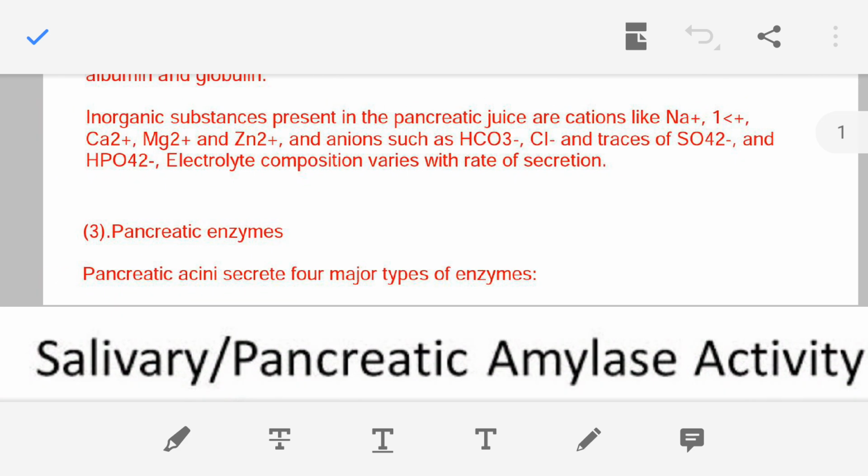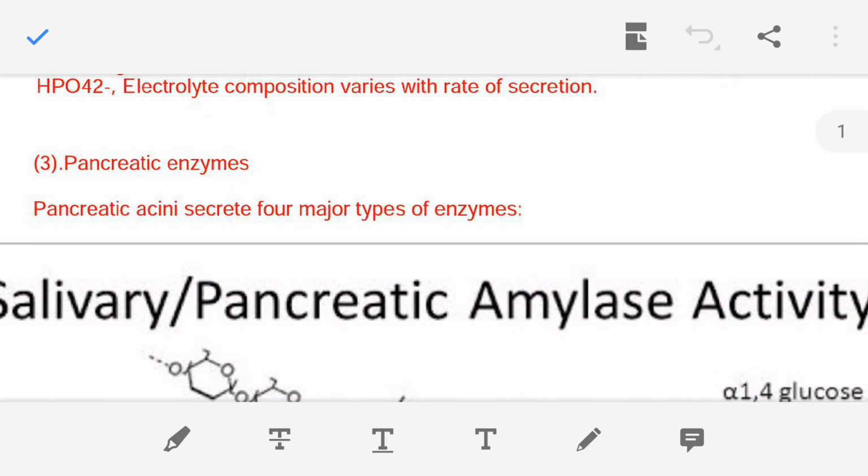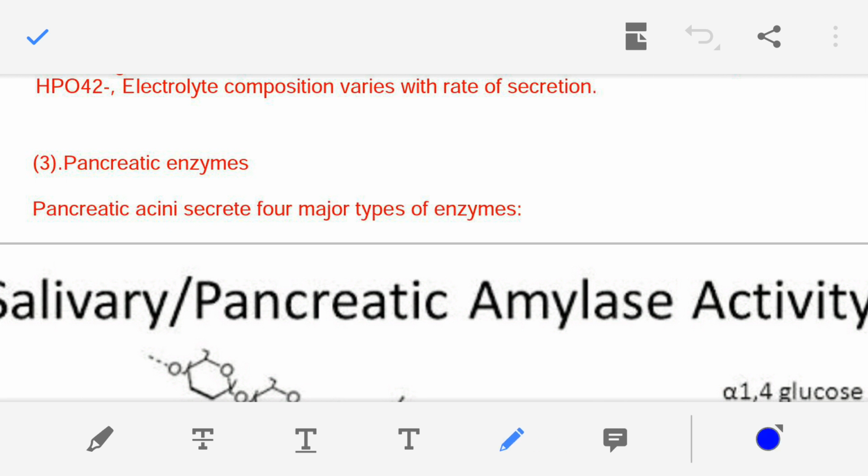Now the main discussion, the important part for this topic, that is the pancreatic juice, is the discussion of the enzymes: which are the enzymes, in which form they are secreted, how they are activated, and how they are involved in the process of digestion.